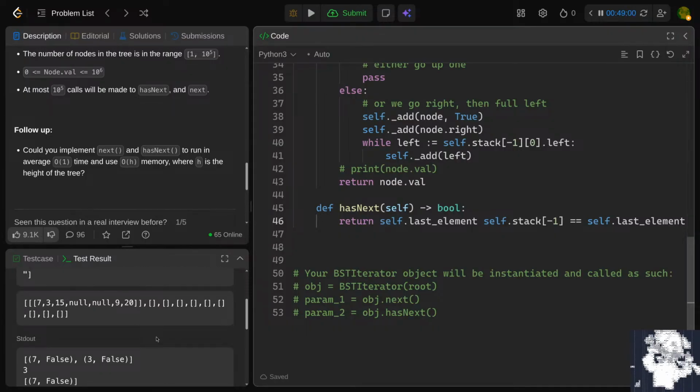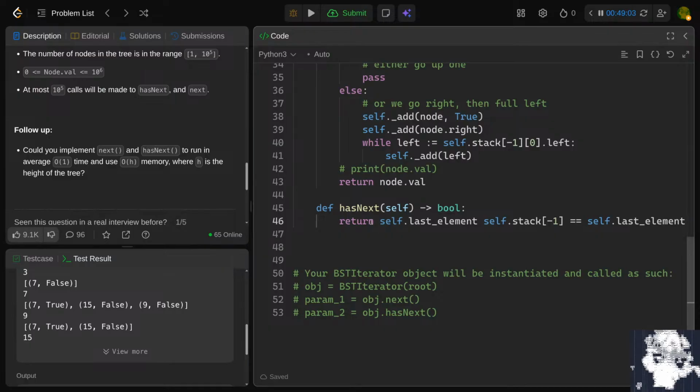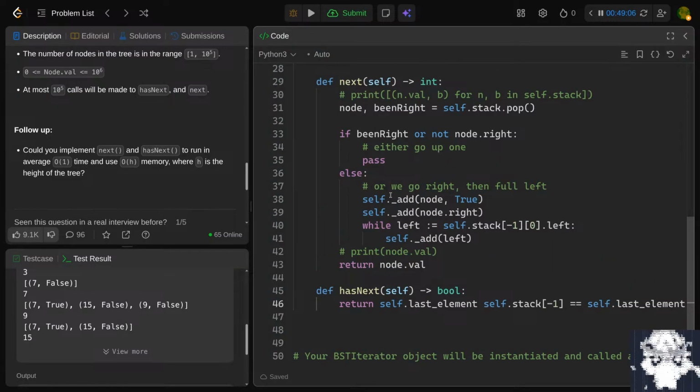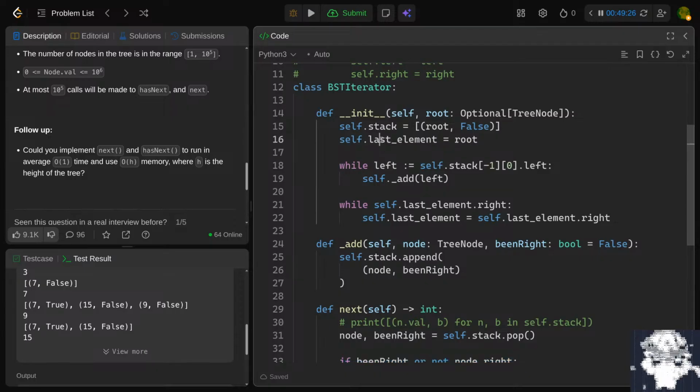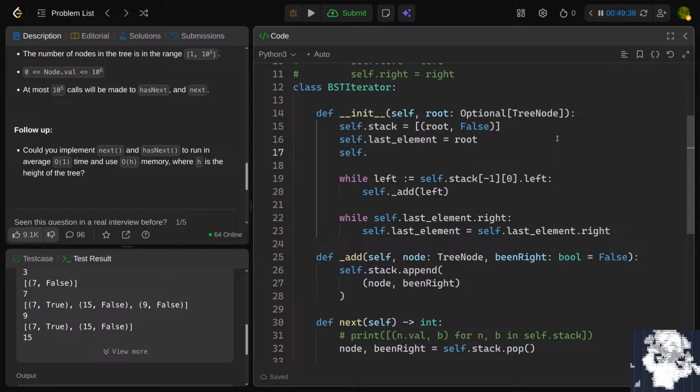Though we're not actually ending on the last element, right? Because after you pop it, we're either going to go up by 1, we are going to go up by 1 because we don't have a node.right. So I guess I want the before last element. No, we can just do last element. We can just remember self.is done equals false.